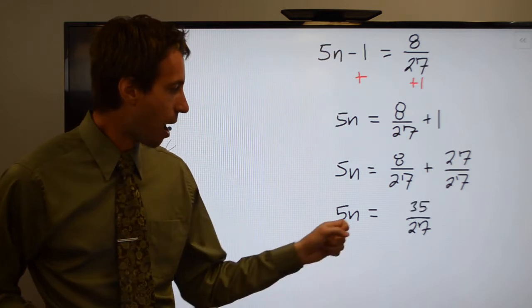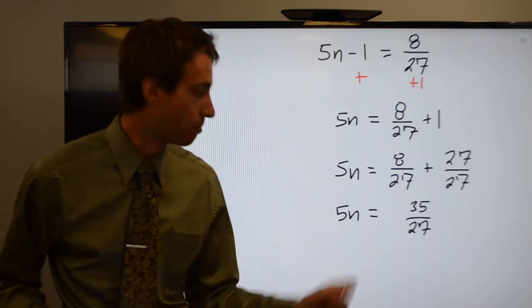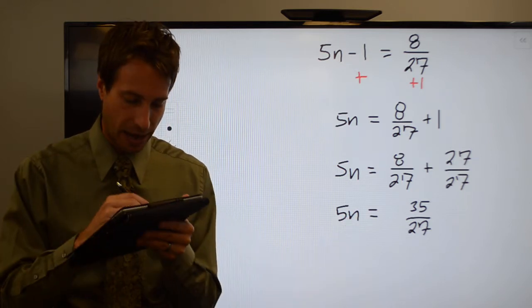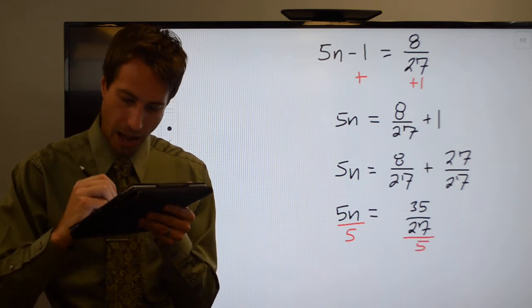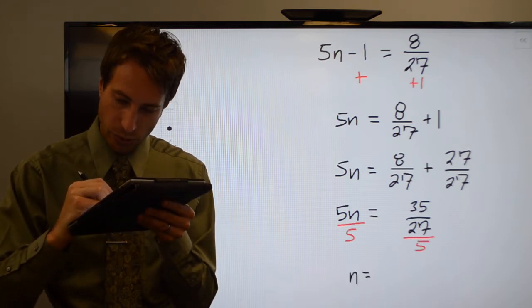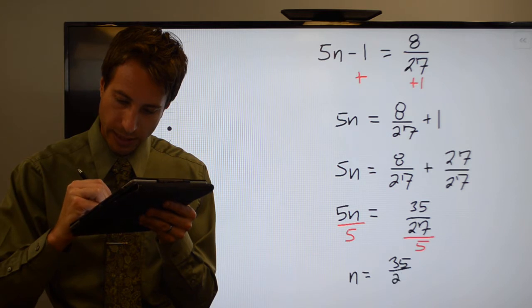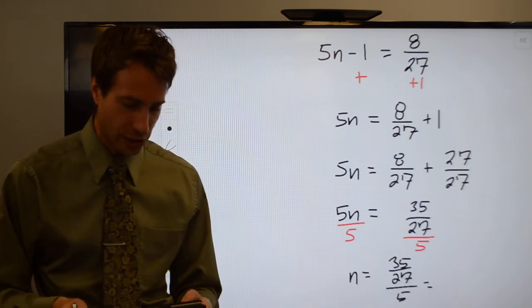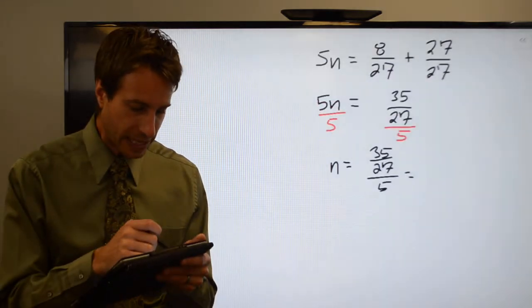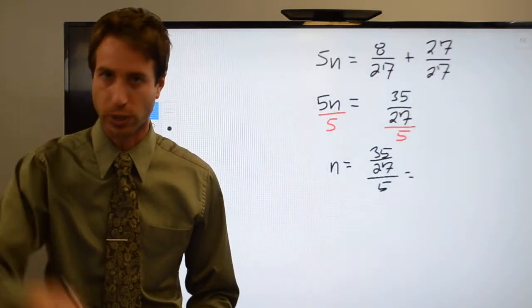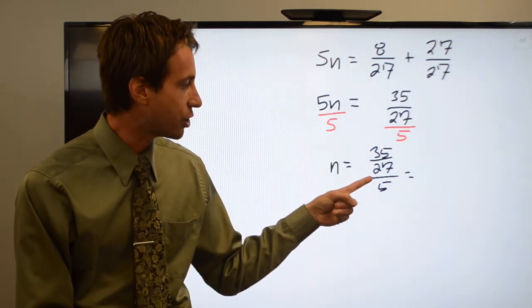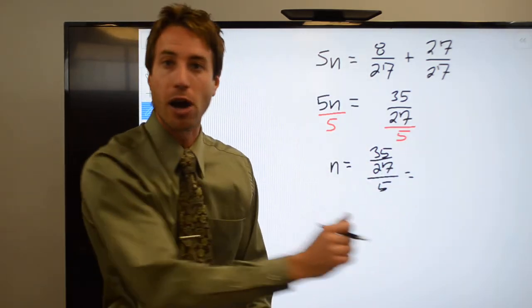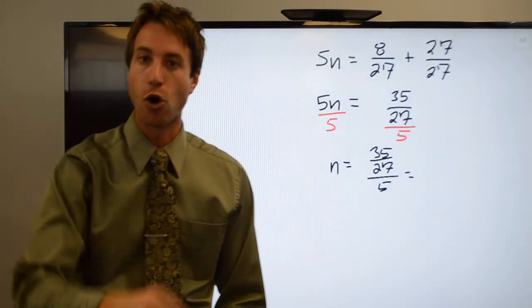Okay, now, to get the n by itself, it's multiplied by 5, so I'll need to divide by 5. I have n is equal to 35/27, all divided by 5. This is a complex fraction. Sorry, let me slide up. You could do a couple of things. You could do keep it, change it, flip it: keep the 35/27, change the division to multiplication, and flip the 5/1, which would become 1/5.